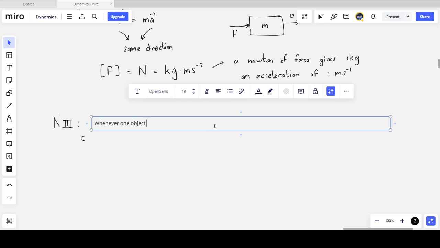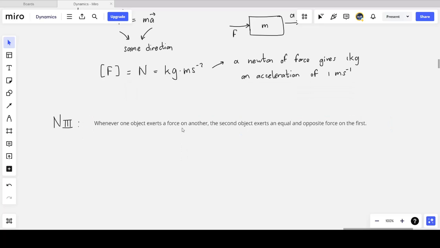Newton's third law says that whenever one object exerts a force on another, the second object exerts an equal and opposite force on the first.